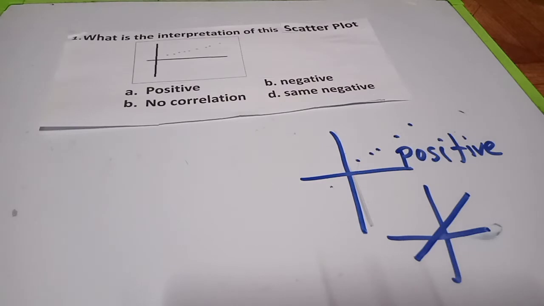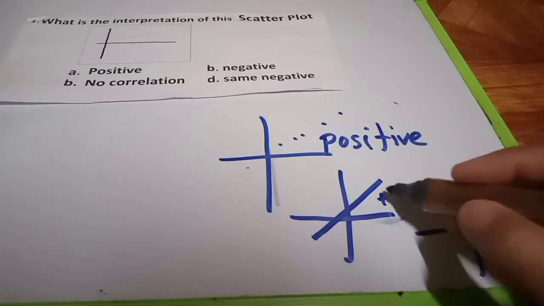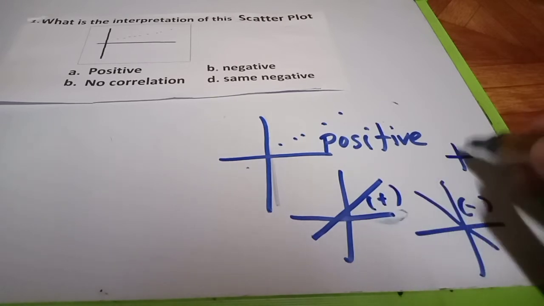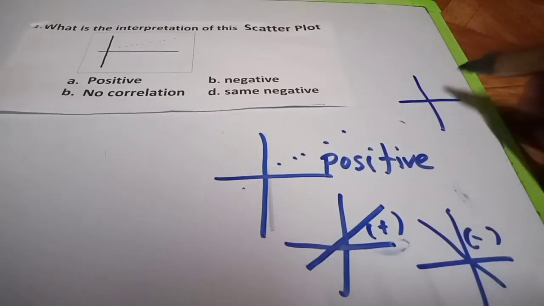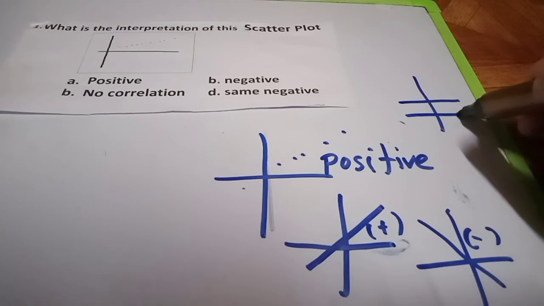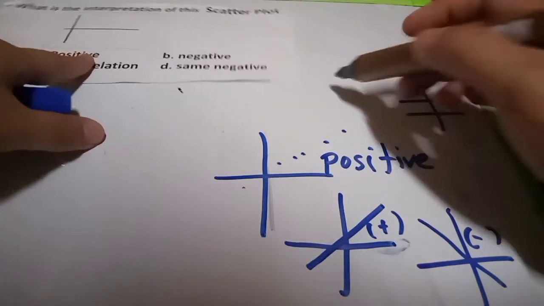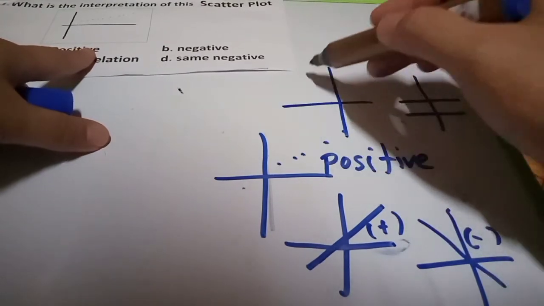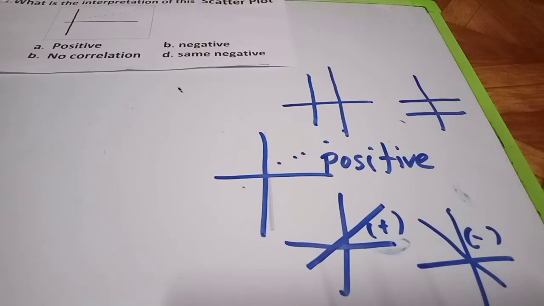If the line is going from left to right, that is positive. And if the line goes this way, this is negative, and this is positive. And if the line is just like this one, it means that is 0. And the other one is what you call undefined. Take note, guys. These are some rules.